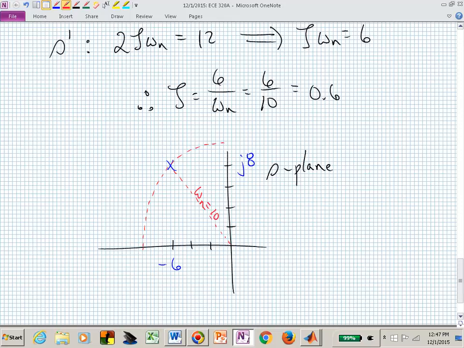And in this case, sometimes you might have people talking about this particular angle theta. Zeta is the cosine of that angle theta, which in this case is 6 over 10. It's the adjacent side over the hypotenuse for that right triangle. Its real part is 6, the hypotenuse is 10, and we can then solve for theta.